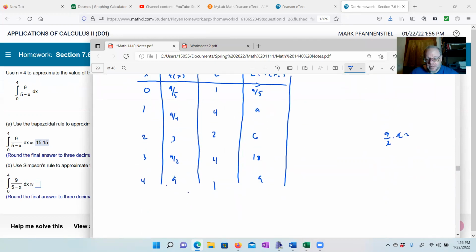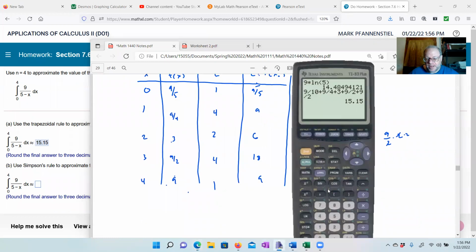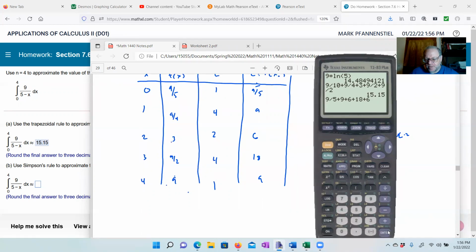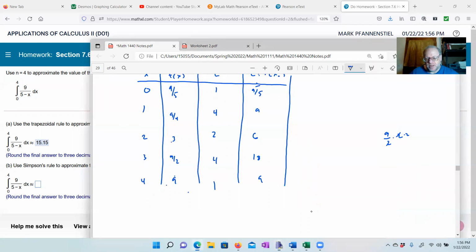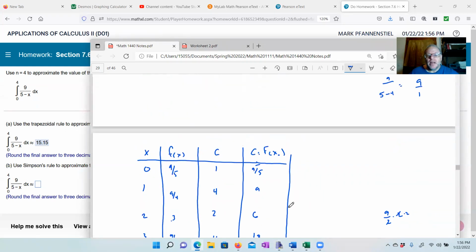So we have 9/5 plus 9 plus 6 plus 18 plus 9. So we add those up, 40.8, because we have a 1/5 here.